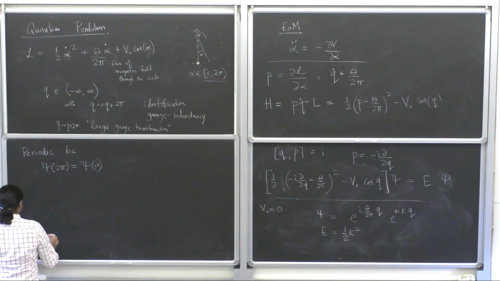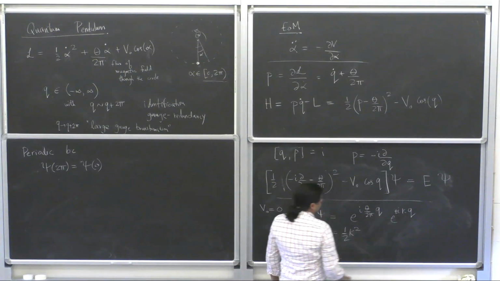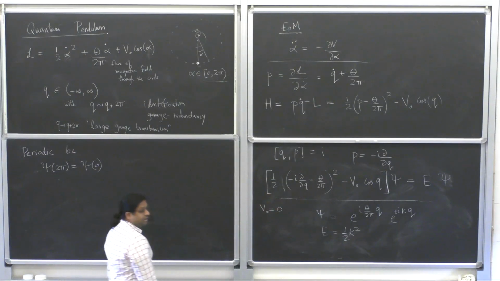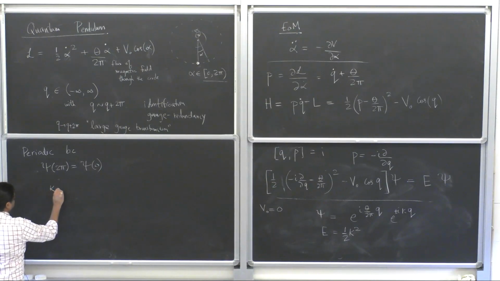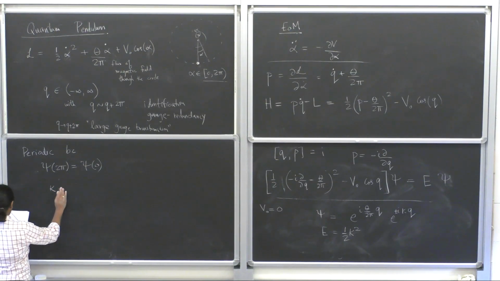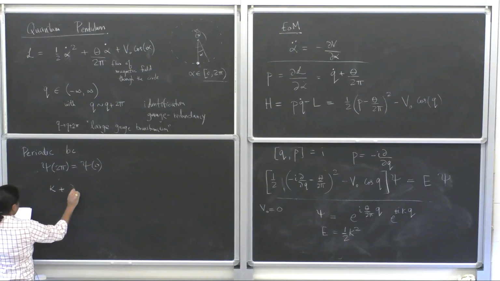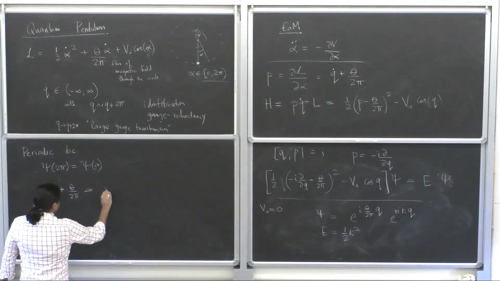When you impose periodic boundary conditions, one of the solutions can be chosen to satisfy the boundary condition, and the other one will have to be thrown away because it will not satisfy the boundary condition. For example, we could choose k plus theta over 2 pi to be equal to an integer.